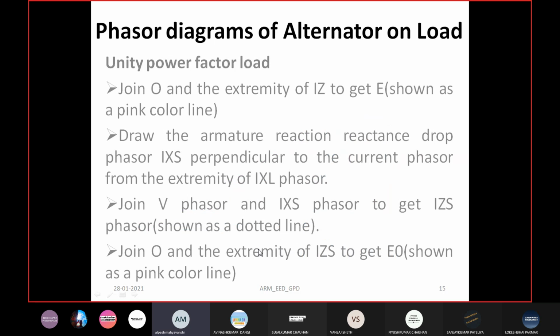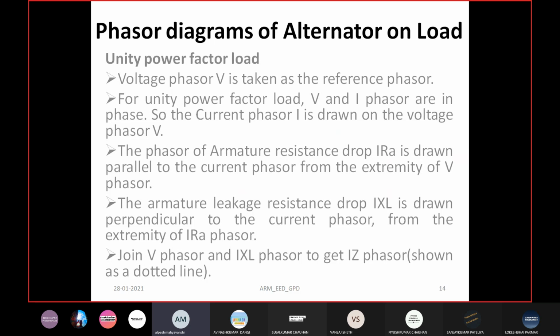Now next is the armature resistance drop phasor, IARA. This armature resistance drop IARA is always in phase with the armature current. That means the angle between the IARA drop and the armature current is 0.